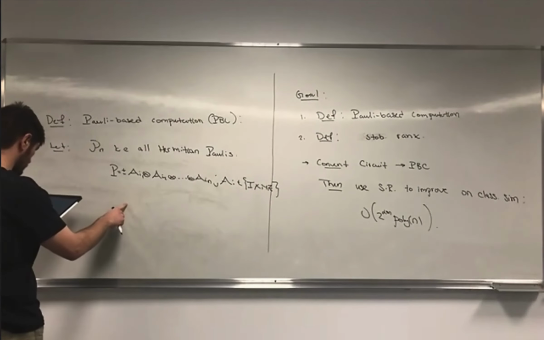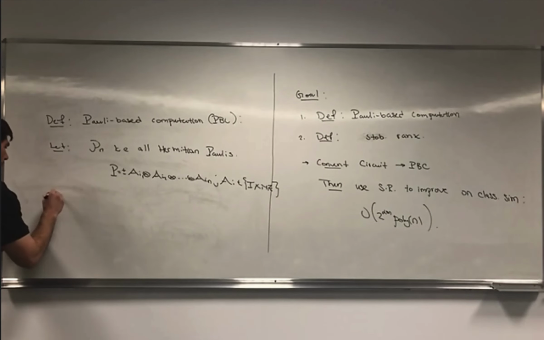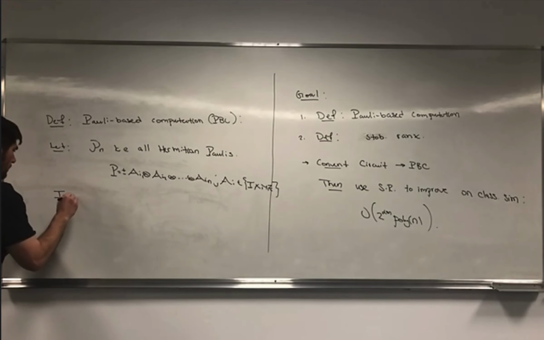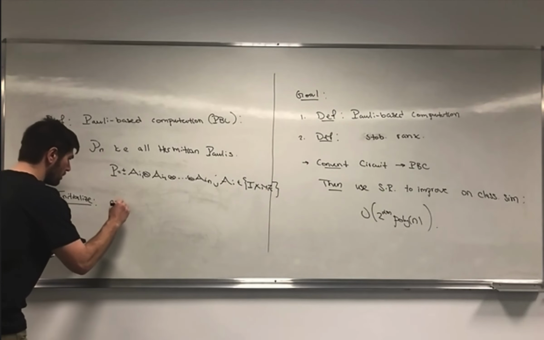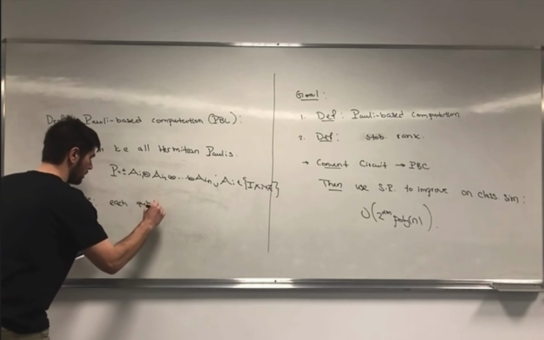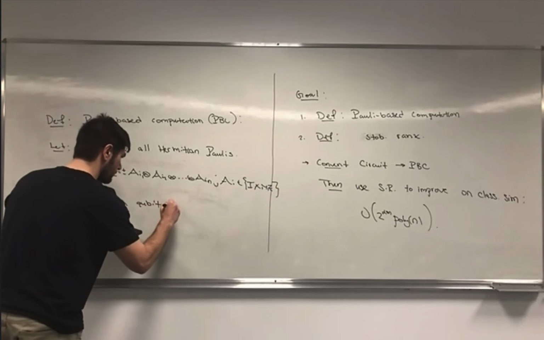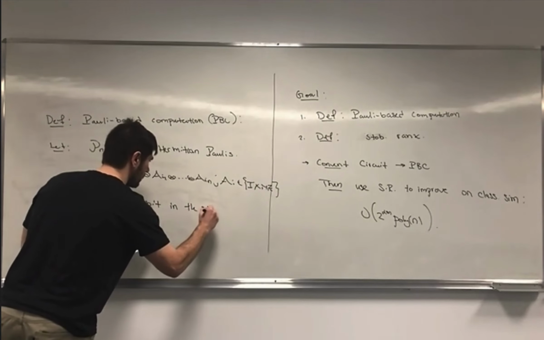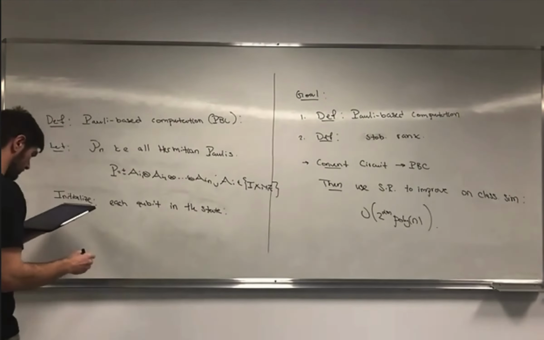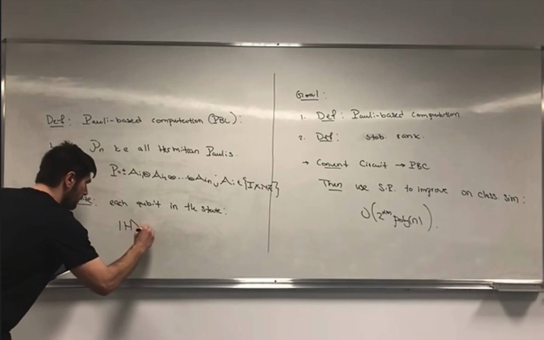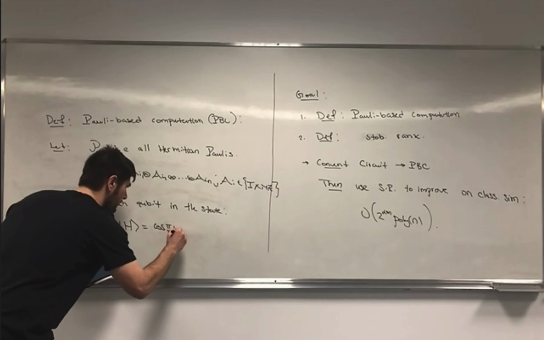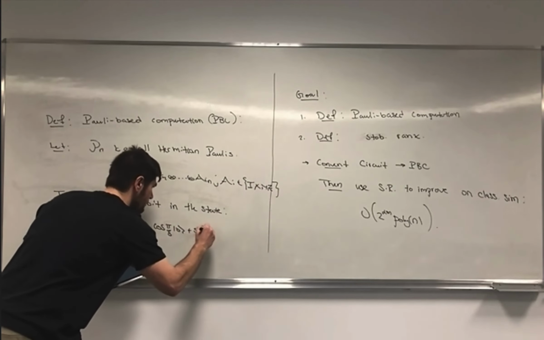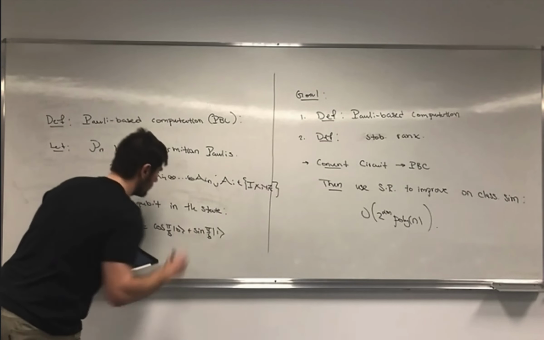So we initialize each qubit in the magic state cosine pi over 8 |0> plus sine pi over 8 |1>.